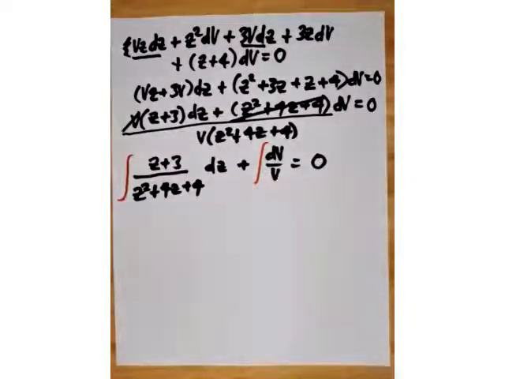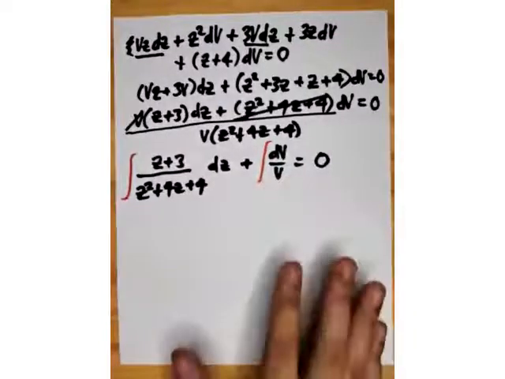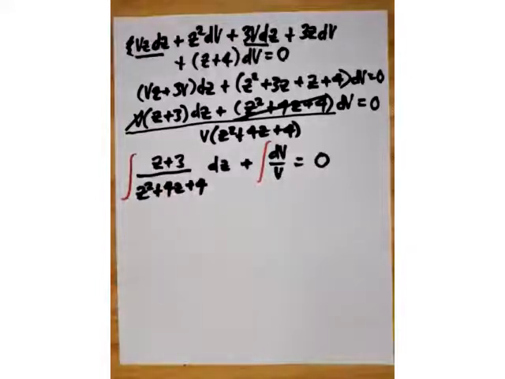Okay, so for this one, we don't have any problem with this one. So how about this one? So what technique should we be using to integrate z plus 3 all over z squared plus 4z plus 4? So if you will try LN, is that possible? Hindi natin kakayanin siyang i-LN.